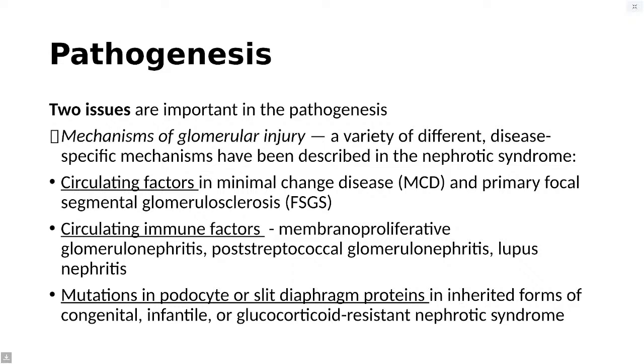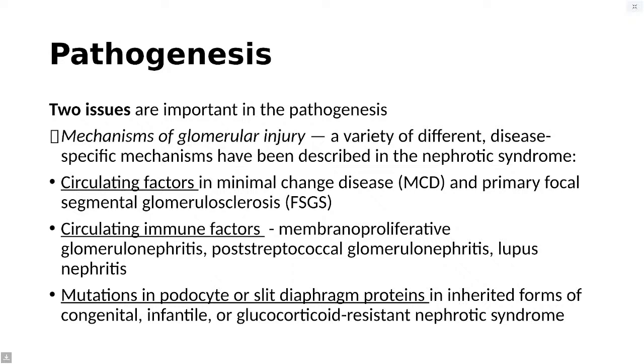Circulating factors in minimal change disease and primary focal segmental glomerulosclerosis. The second mechanism is circulating immune factors. They are in membranoproliferative glomerulonephritis, post-streptococcal glomerulonephritis, in lupus nephritis.